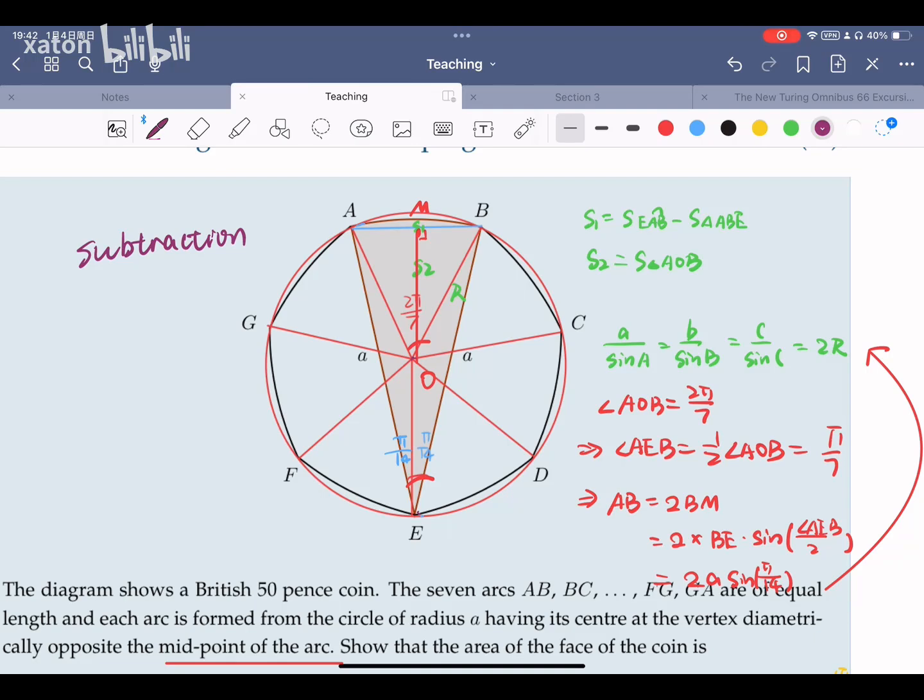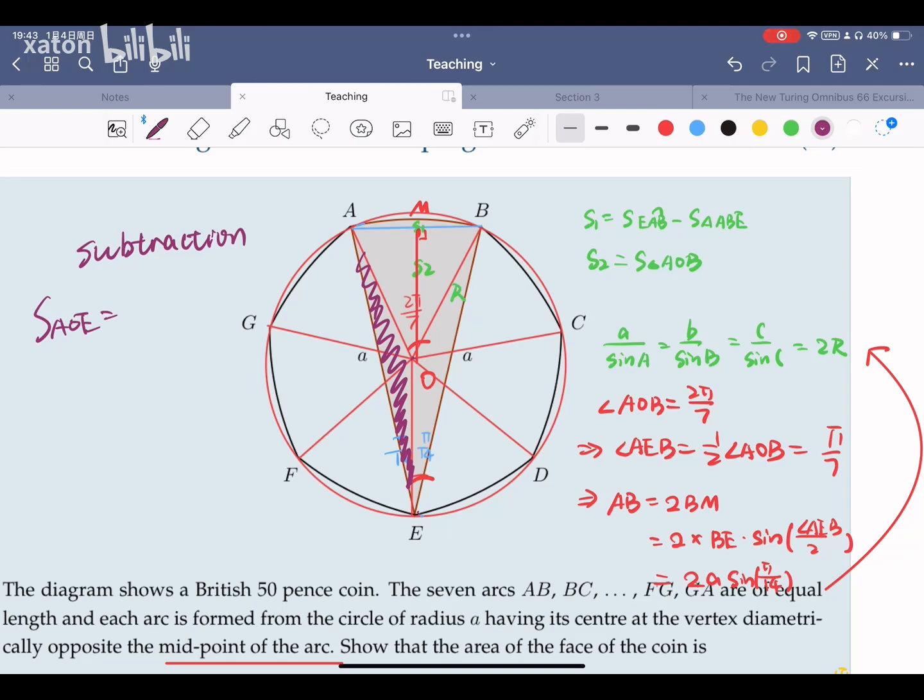So he subtracts double the area of triangle AOE from the sector ABE.